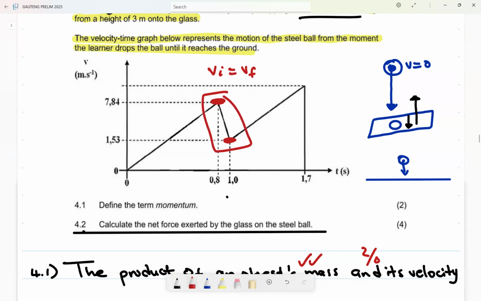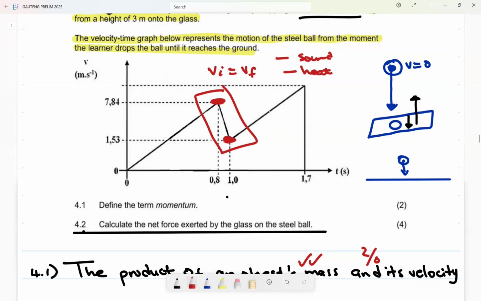Therefore there was energy lost, in the form of sound, heat, and all of that.